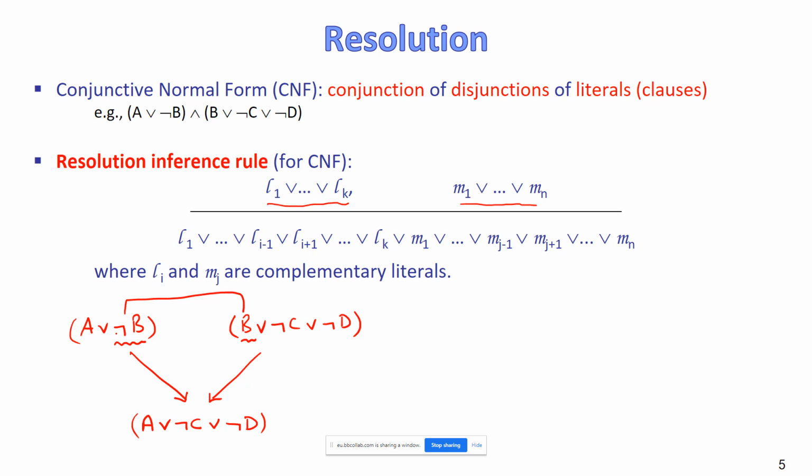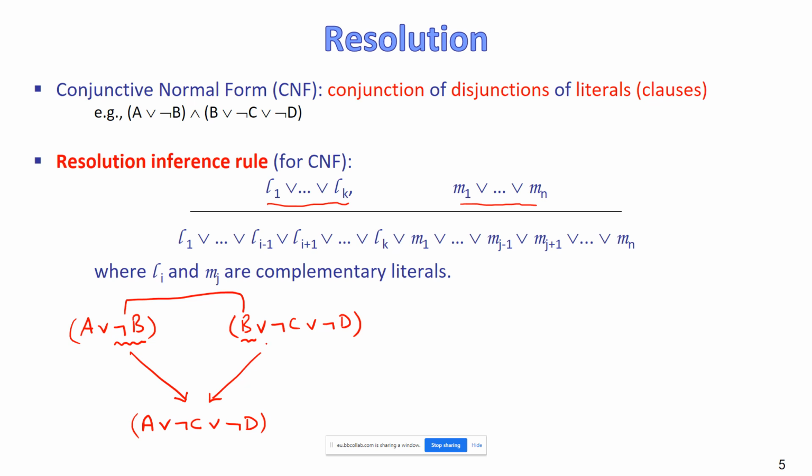We will talk about why is that, and what is the meaning of the rule. We will show a sketch of the proof. But this is how it's applied for now. We have two clauses. We have to identify one literal in the first one that is complemented in the other.